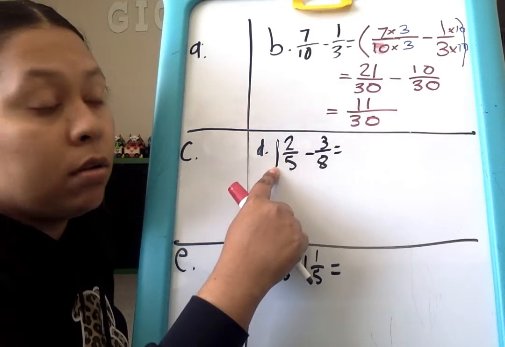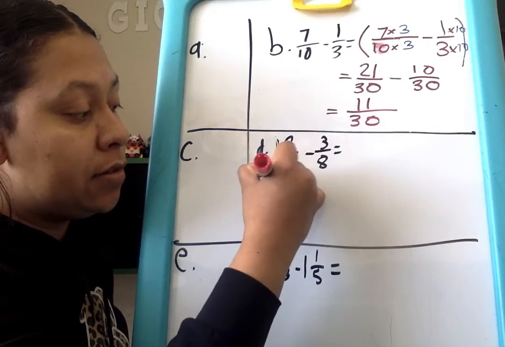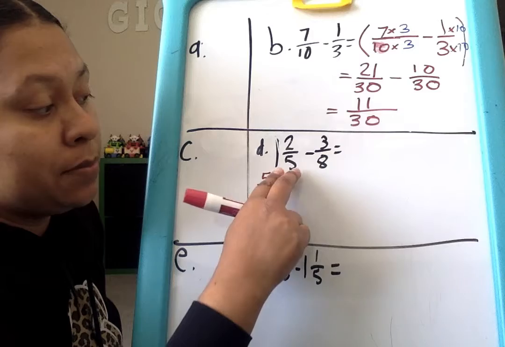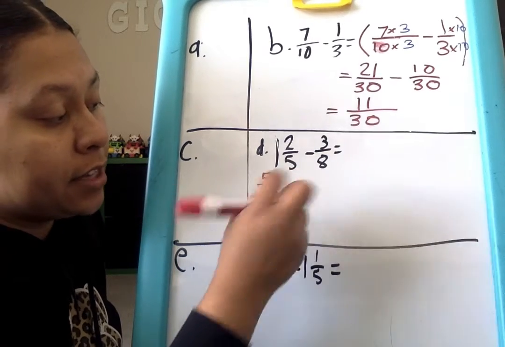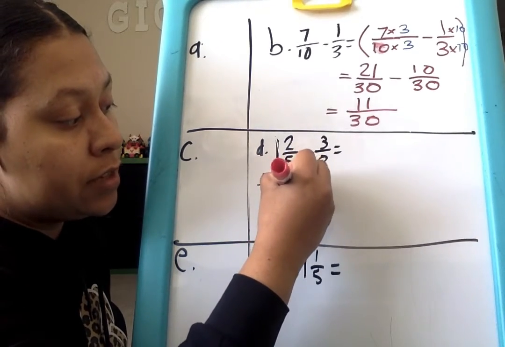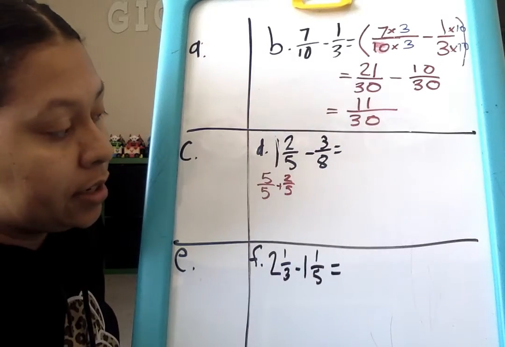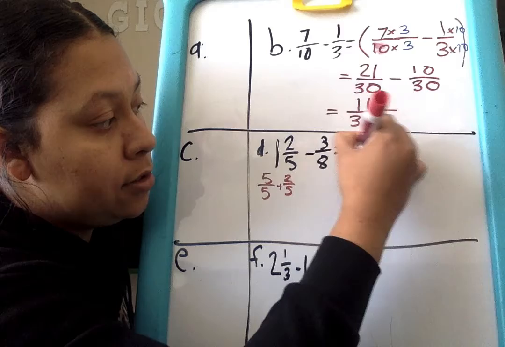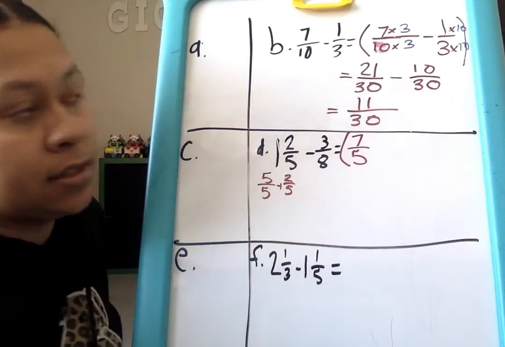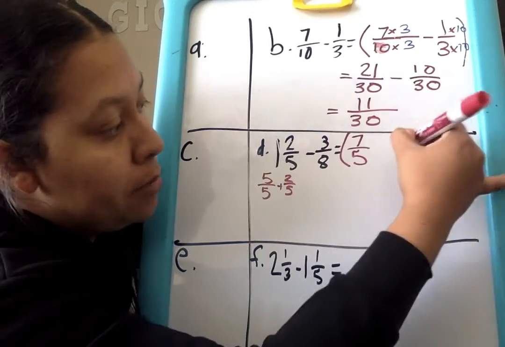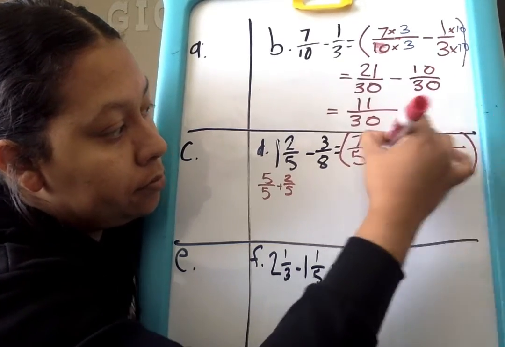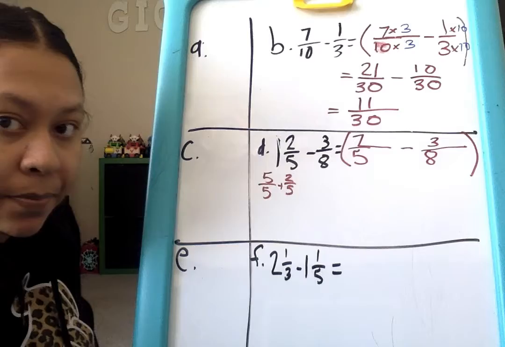So 1 whole in fifths is also 5/5, okay? So this mixed number is also like 5/5 plus the 2/5 that it had left over here. So 5/5 plus 2/5 equals 7/5. So we can use 7/5 minus 3/8 to solve our problem, okay?